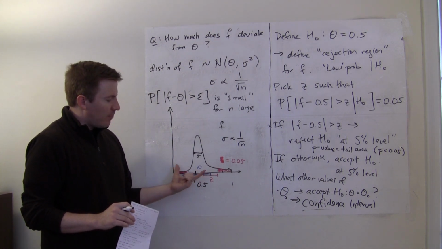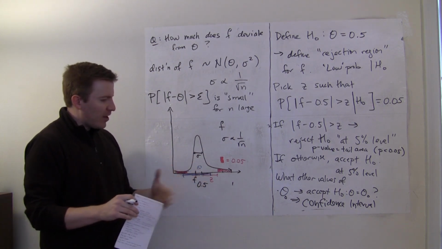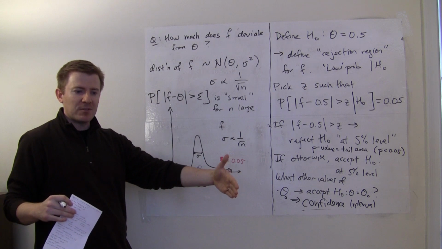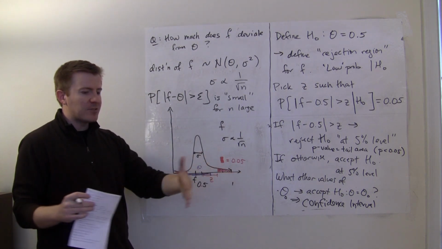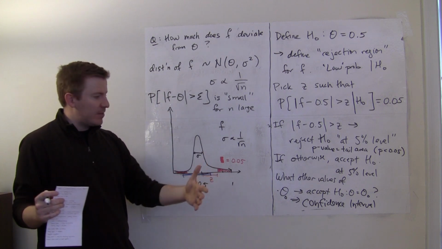It just means, we think f is the right value, but what kind of uncertainty do we place around that? Or what interval would we say is a reasonable guess for where the parameter lives?